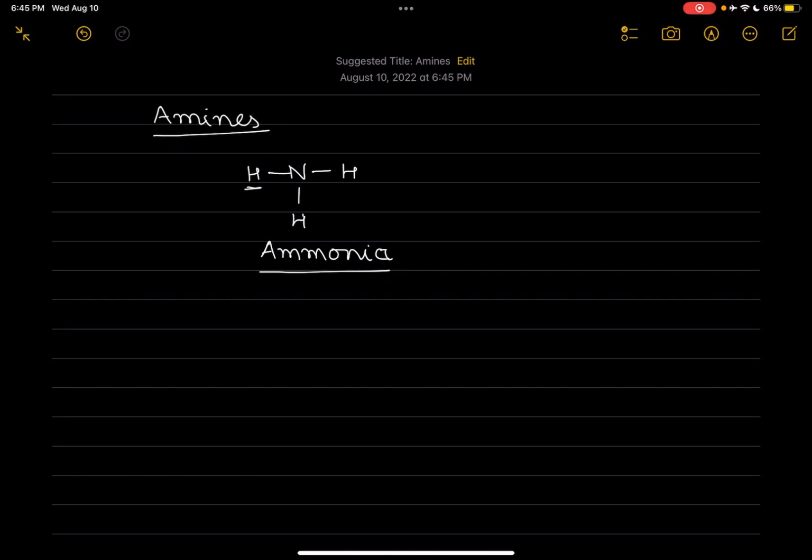And how do you represent a carbon group? Can any one of you tell me the general way of representing it? Suppose you have methane.